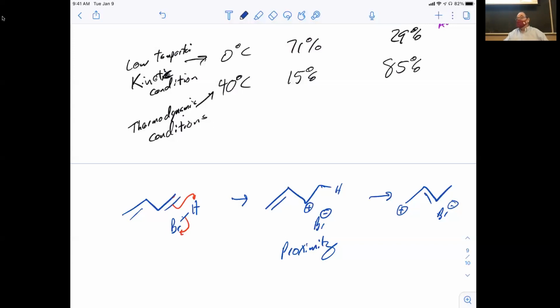If you have high temperature, you're looking for the most stable. Let me say that again. If it's a low temperature kinetic, then your 1,2 is going to be favored, because it's proximity. If it is a higher energy reaction, thermodynamic control, then it's going to be the most stable alkene. Could be 1,4, might be 1,2. You better check.